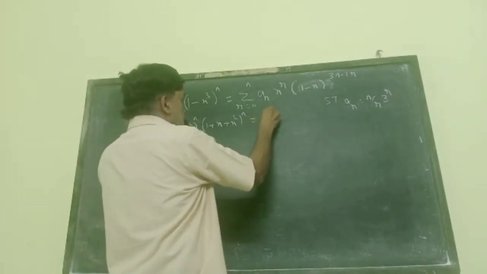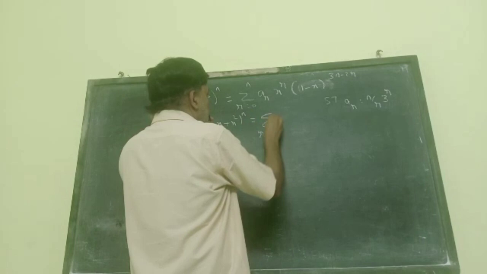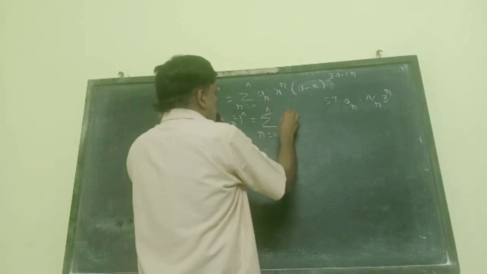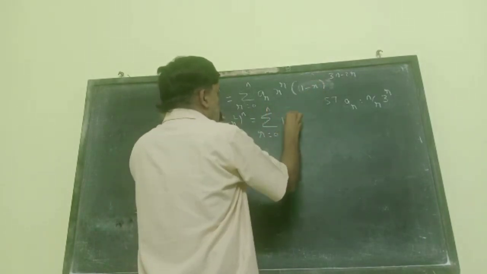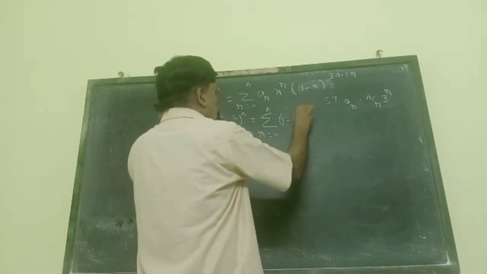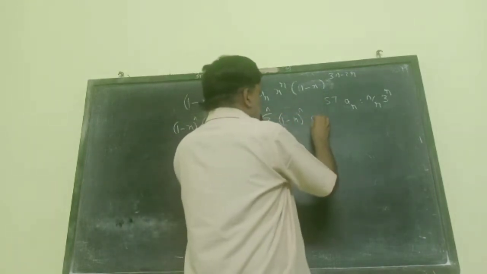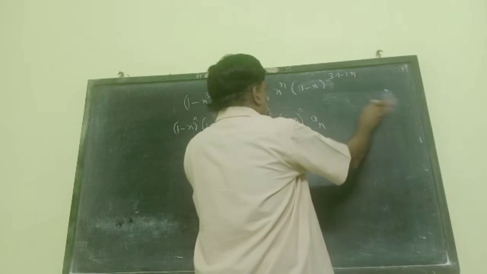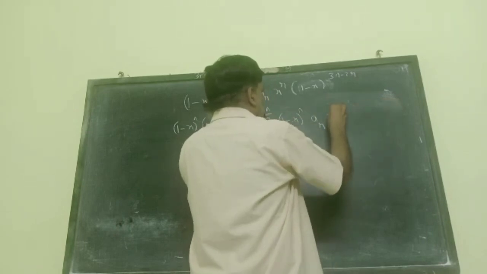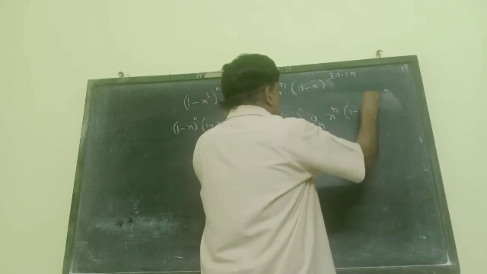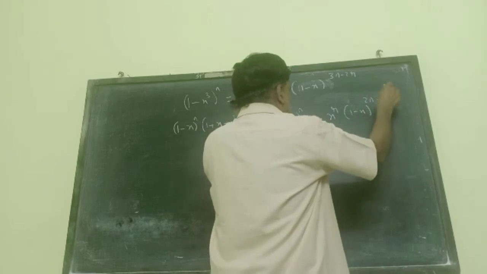This is sigma r is equal to 0 to n. See, this can be written as (1 minus x) whole power n AR x power r (1 minus x) whole power 2n minus 2r.